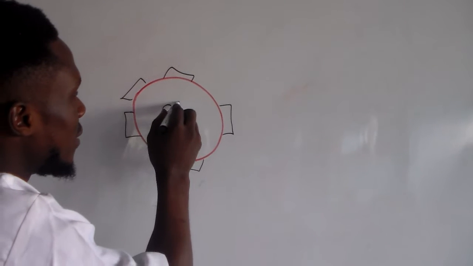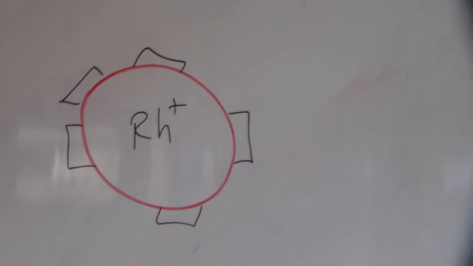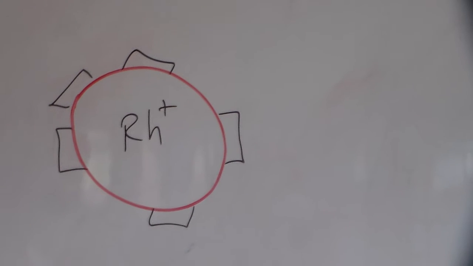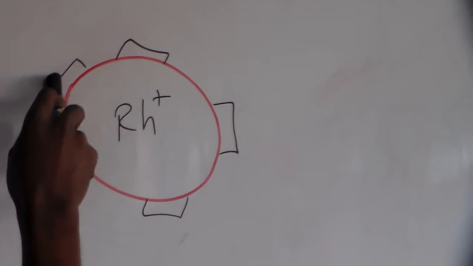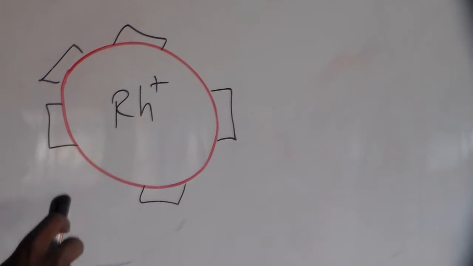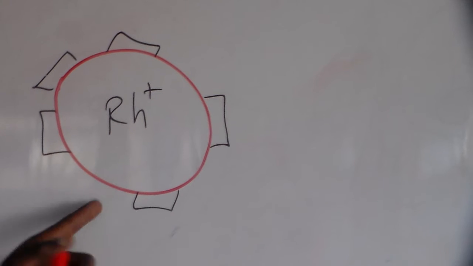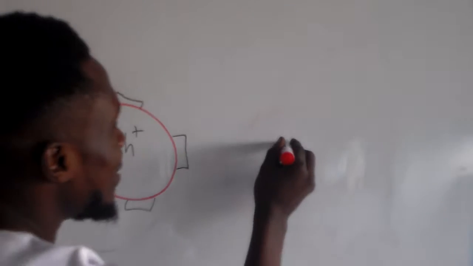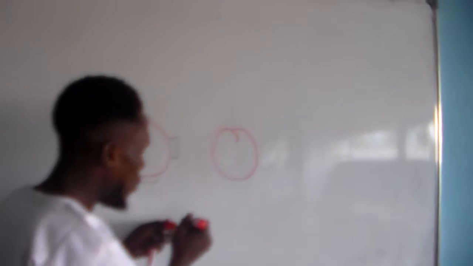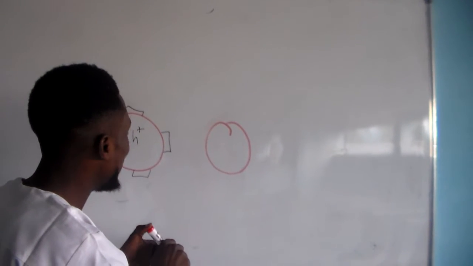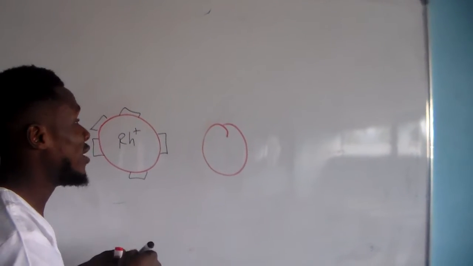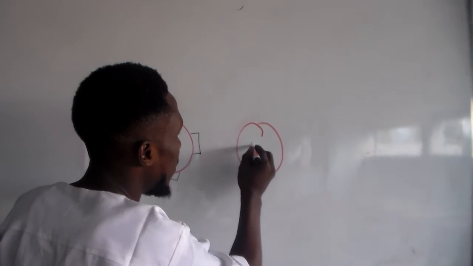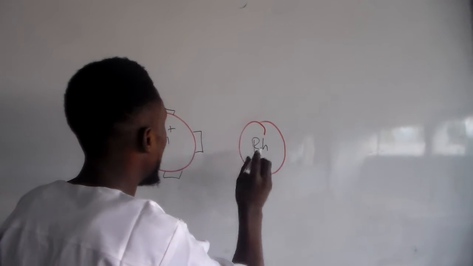So this is a rhesus positive individual. A rhesus positive individual is an individual who has the rhesus antigens on the surface of his or her red blood cells. A rhesus negative individual is an individual who does not have the rhesus antigens on the surface of his or her red blood cells.